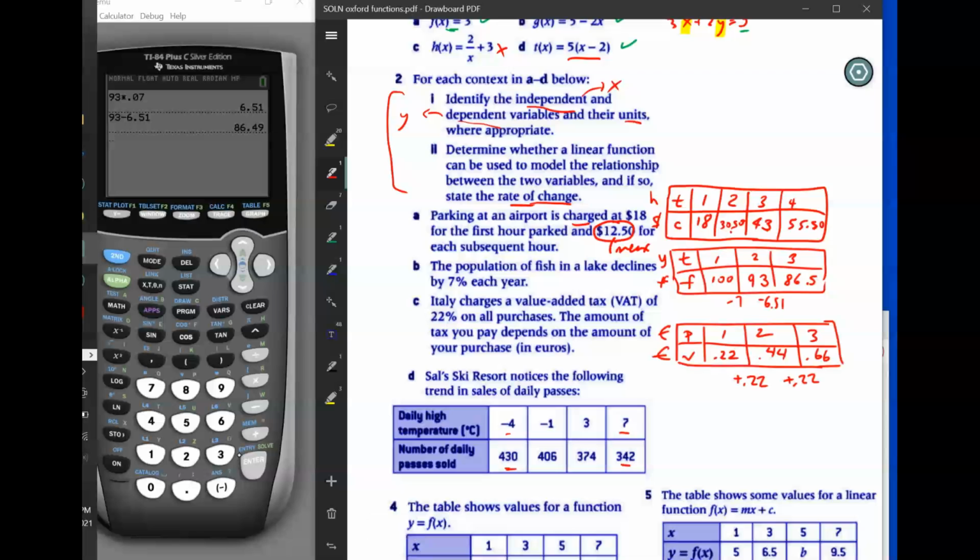All right, so let's take a look at this. What's the independent variable? The independent variable is the daily high temperature, and let's call that capital T. And the y variable, or the dependent variable, is the number of daily passes sold. Let's call that P. And we want to see if this is a linear function or not.